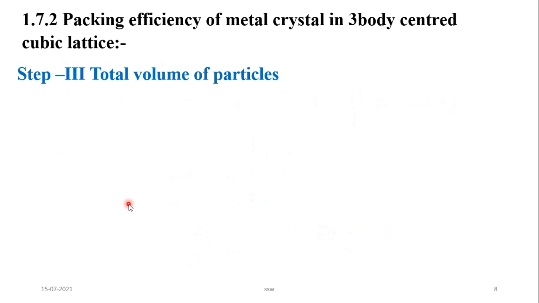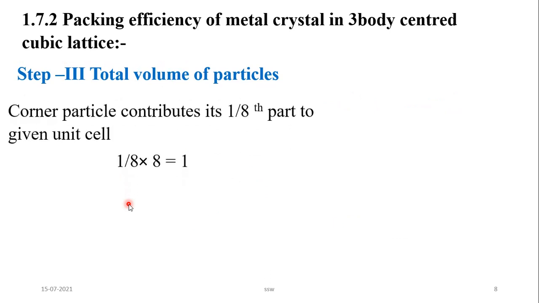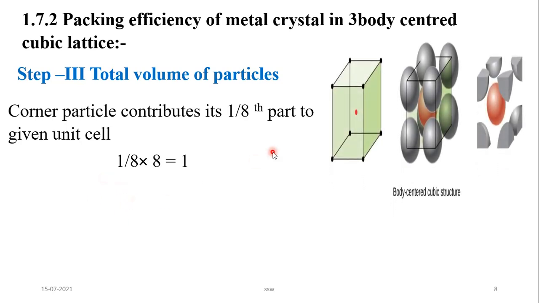Now we have to calculate what? Total volume of particles. So in BCC structure, you know that any corner particle in cubic system contributes 1/8 part to the given unit cell. So 1 by 8 into 8, that is equal to 1.